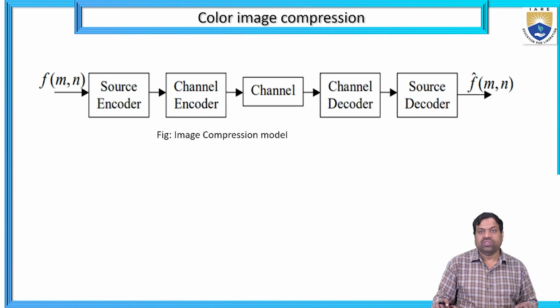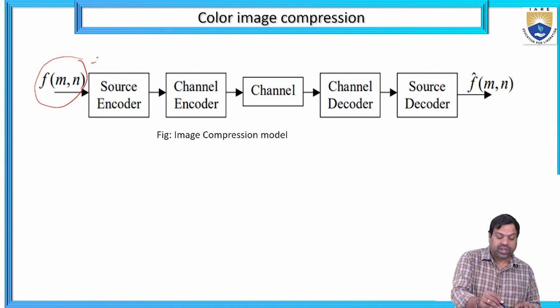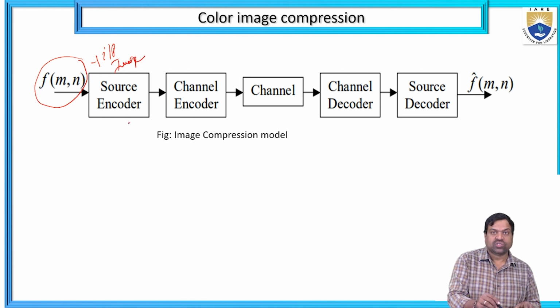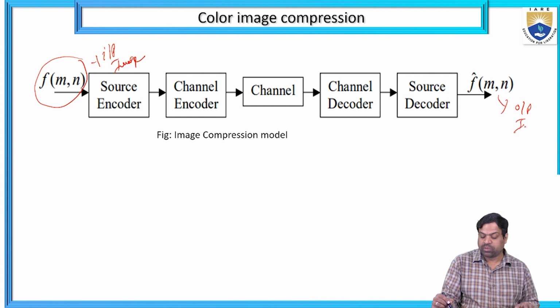So this is the block diagram of the image compression model. Suppose I take f of m comma n as the input image. The input image goes through the source encoder, channel encoder, channel decoder and source decoder, giving f dash of m comma n, the output or compressed image.